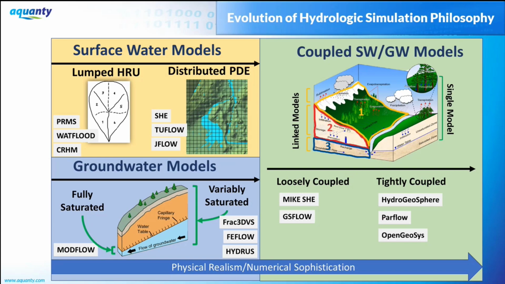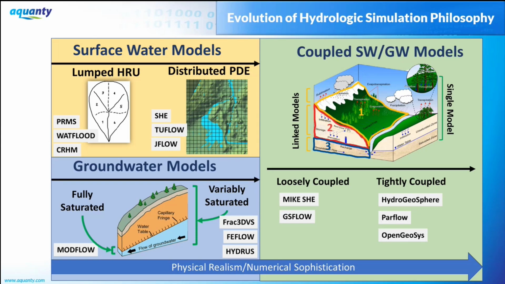So in this slide, I'm attempting to depict the evolution of hydrologic simulation. If we look at the upper left, we have maybe lumped hydrologic response unit based models. They're not based on nonlinear partial differential equations, but on routing rules and so on and so forth.